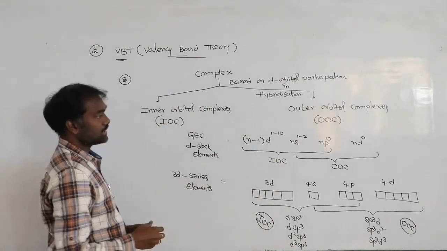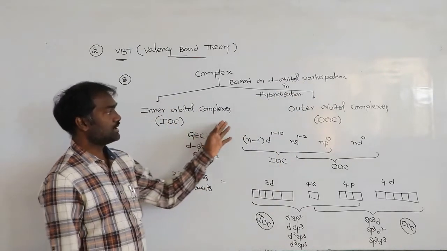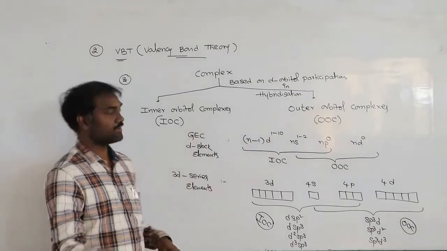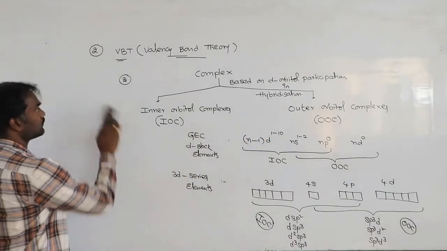Next, another classification is also based on the spin of the electrons. This is the fourth point.